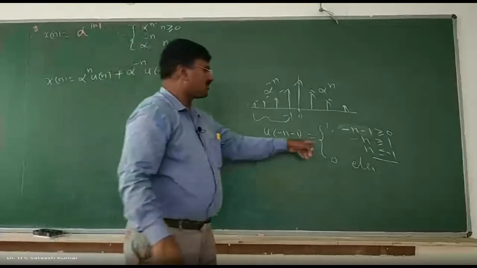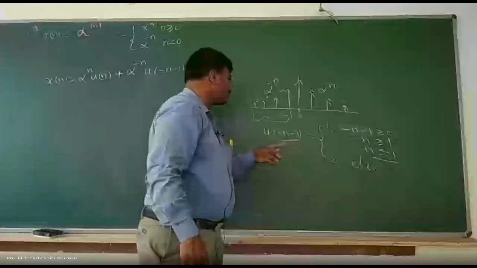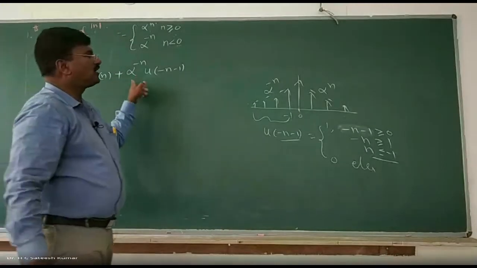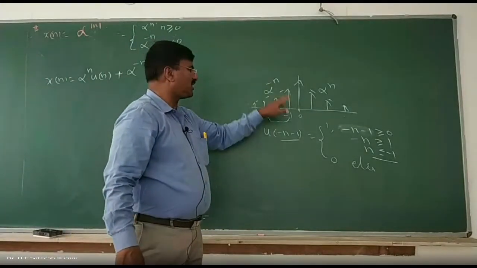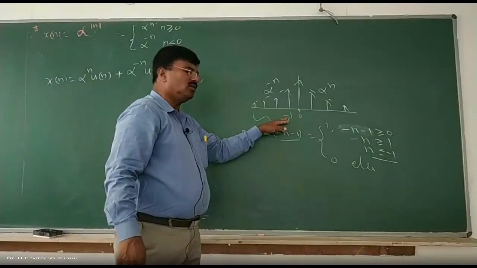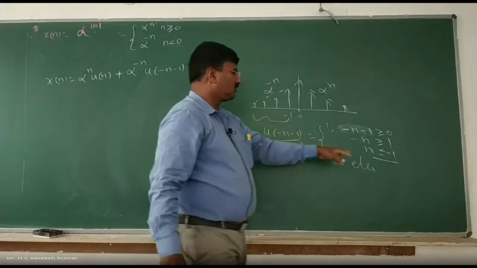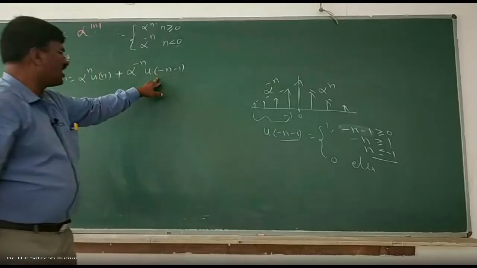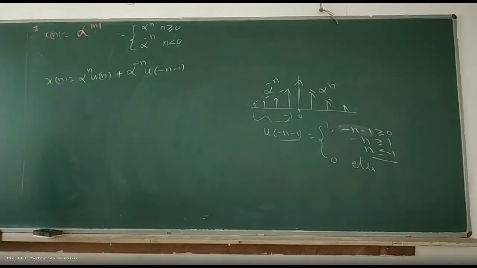So therefore, if you want to get it, you multiply this function. That means I want alpha to the power of minus n to extend from minus 1 to minus infinity. So therefore, to fix the range, I have multiplied by u of minus n minus 1. Okay, right.